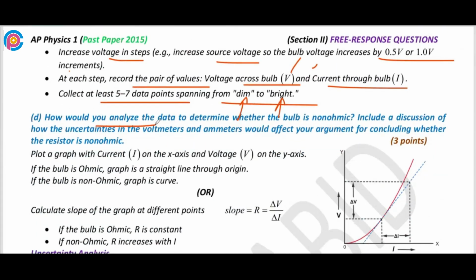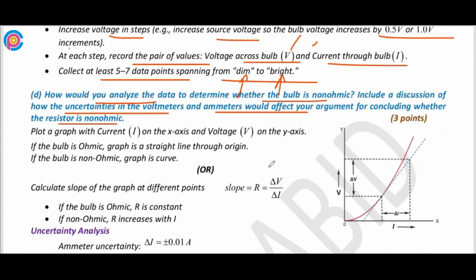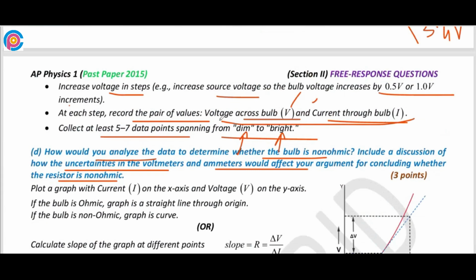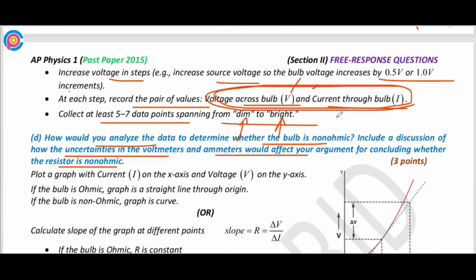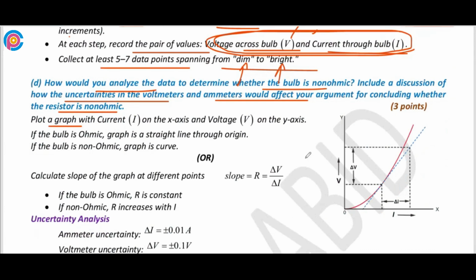Okay, part D: how would you analyze the data to determine whether the bulb is non-ohmic? Include a discussion of how uncertainties in the voltmeter and ammeter would affect your argument for concluding whether the bulb is non-ohmic. From the readings, we have the potential difference and the current measured in the modified experiment. We make a graph of V versus I. If the graph is a straight line through the origin, it is ohmic.